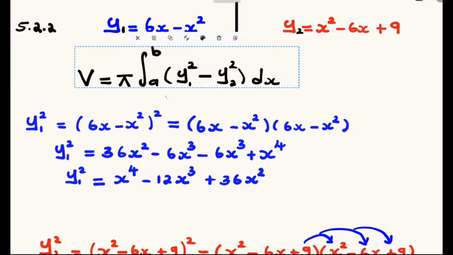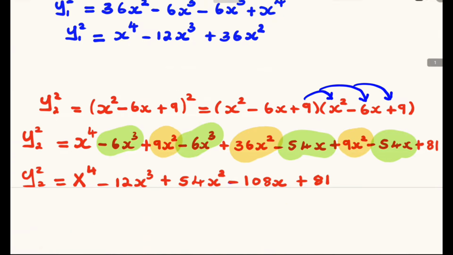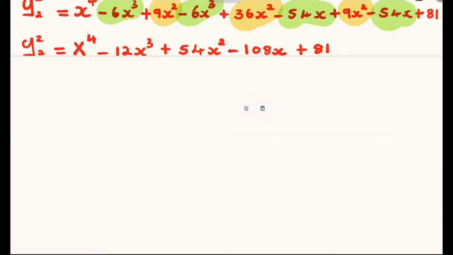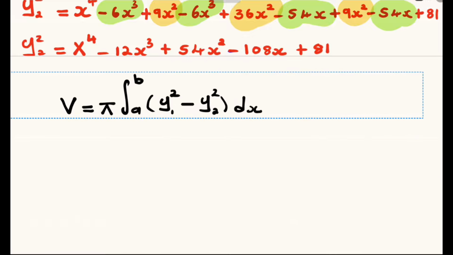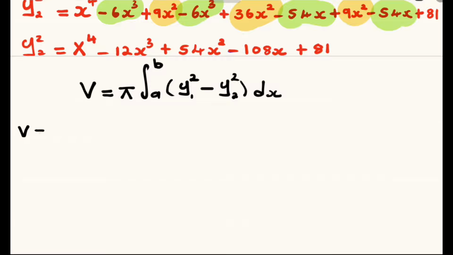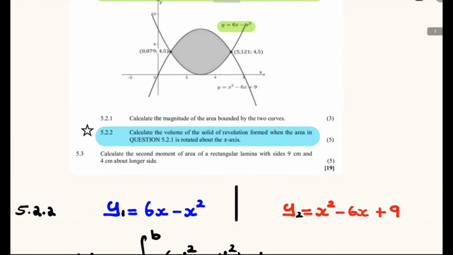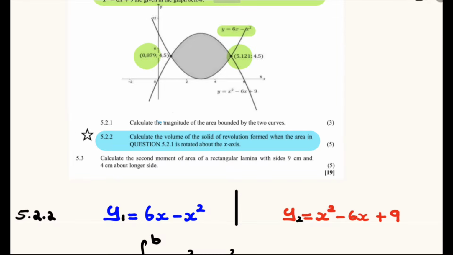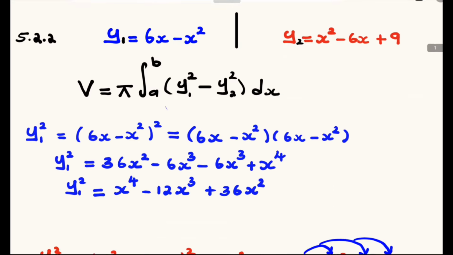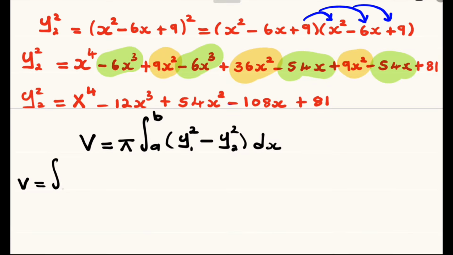We substitute into our formula. V will be equal to the integral from a to b, and our a, where the area starts, is 0,879 and our b is 5,121. And we have the y1.